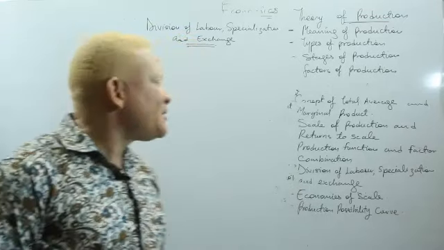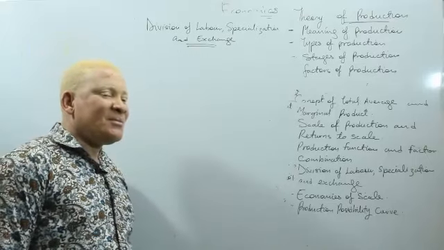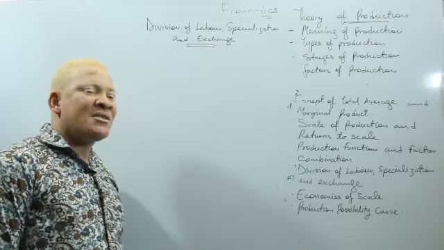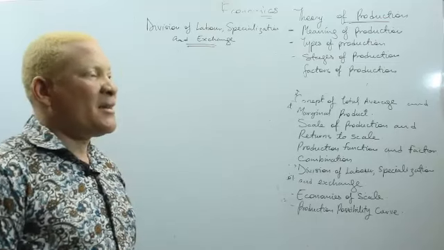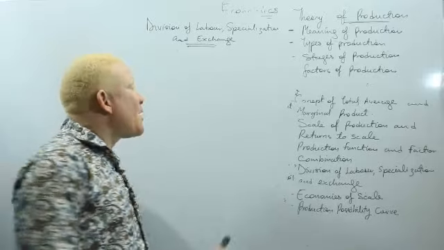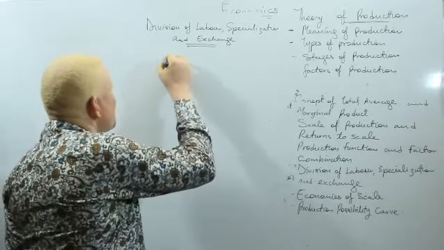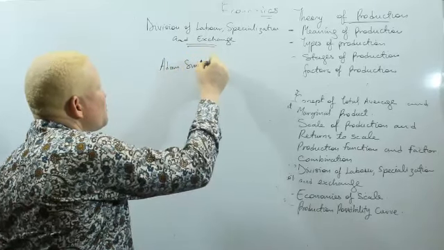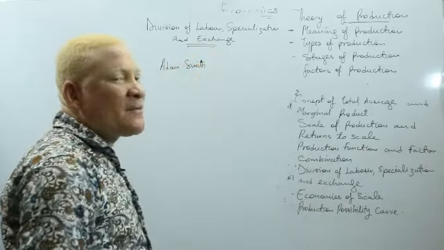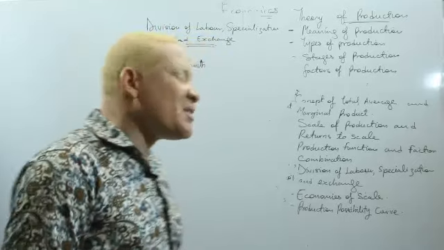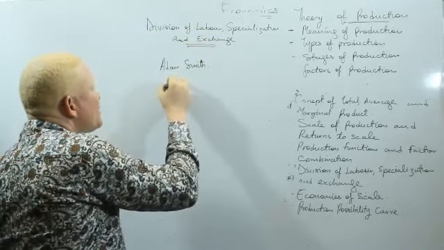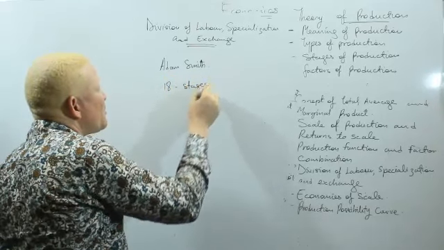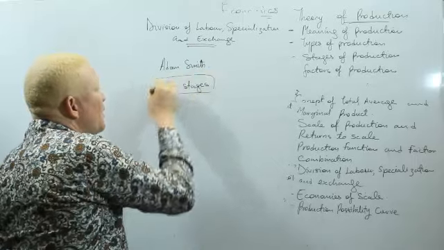Now, division of labor was first popularized by Adam Smith. In his book Wealth of Nations, Adam Smith paid a visit to a pin making factory where he noted that there were 18 stages of making a pin, and one person was doing everything.